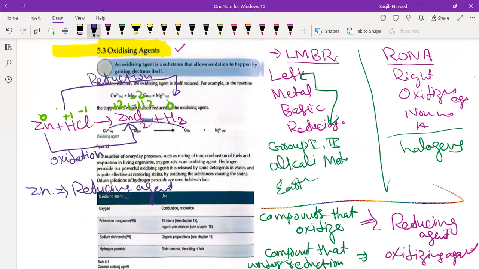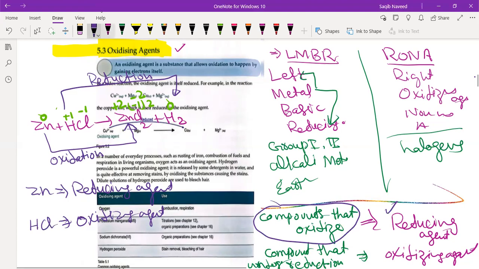What I told you, the compound that will oxidize will be behaving as a reducing agent. Got it? And the second one is HCl. No doubt in HCl, hydrogen is basically undergoing the reduction process, but HCl will be called an oxidizing agent. This is what we are going to study today: the identification process based on your previous lecture.